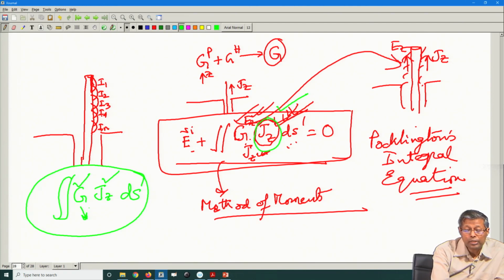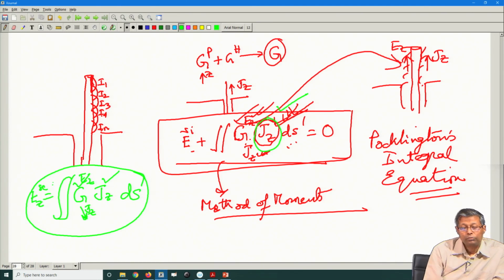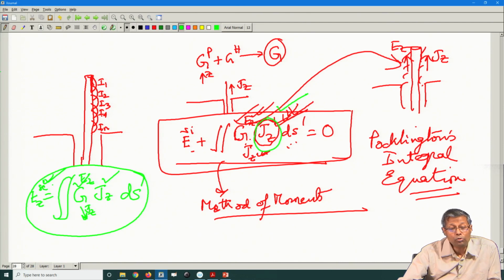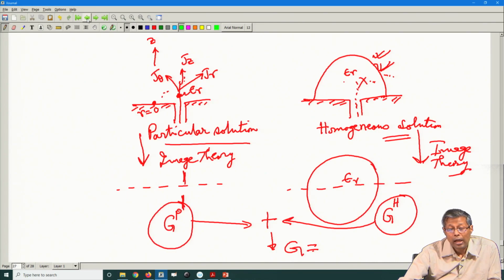Okay, so, if this is Jz, Ez, this is going to give me the scattered field Ez^sc. Once this Jz is known, I can integrate with any relevant Green's function and find out any relevant component of the field. So, I can find out my radiated field at this imaginary surface.